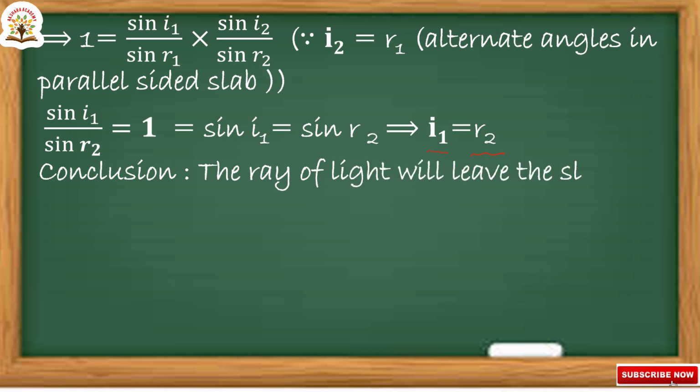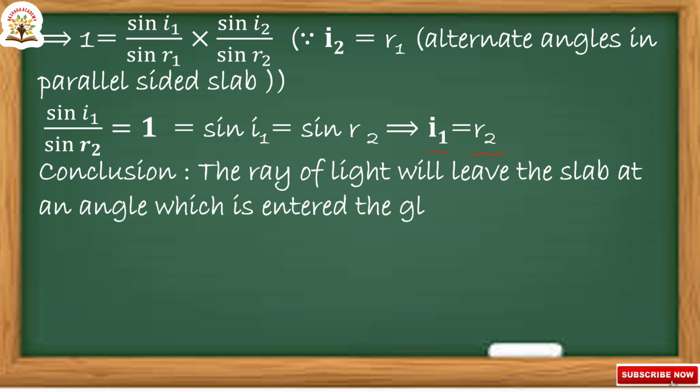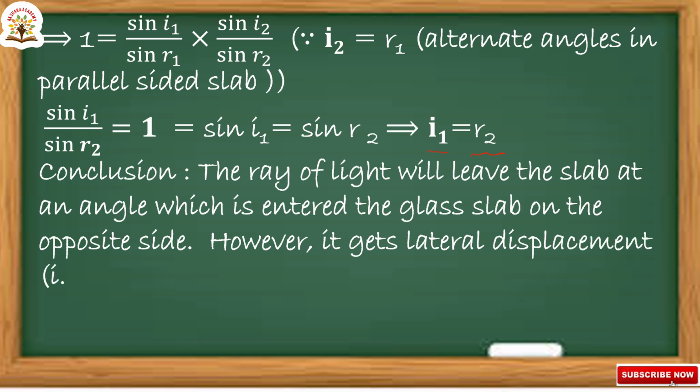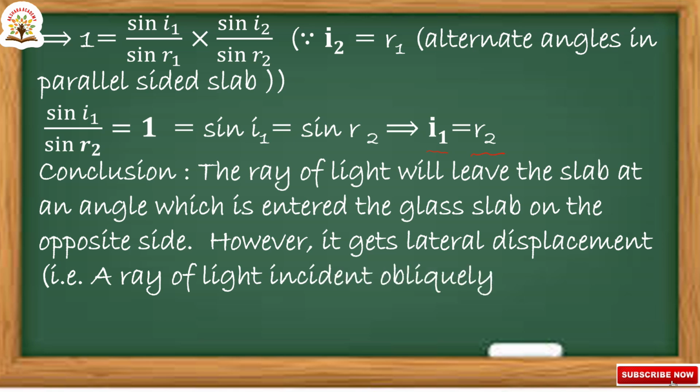So what we conclude from this, the ray of light will leave the slab at an angle equal to the angle at which it entered the glass slab on the opposite side. However, it gets lateral displacement. So a ray of light incident obliquely on a parallel sided glass slab emerges out parallel to the incident ray.